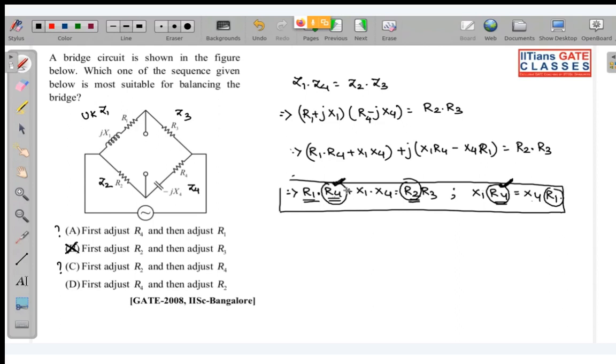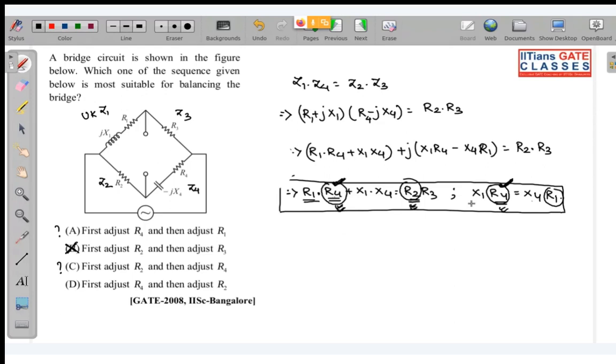R4 is present in both the equations and then you are manipulating. At the moment you might think that this is quite confusing, but look at option D now. First adjust R4, and then adjust R2.